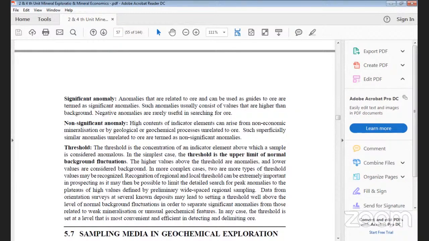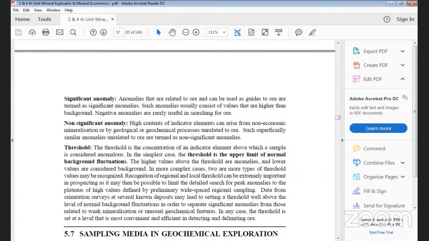Those samples we need to check once again, and we have to study the comparison. Then after the comparison study, we come to the conclusion: yes, that area has an anomalous zone and it has dispersed through that area, and the dispersed trends we also have to show.